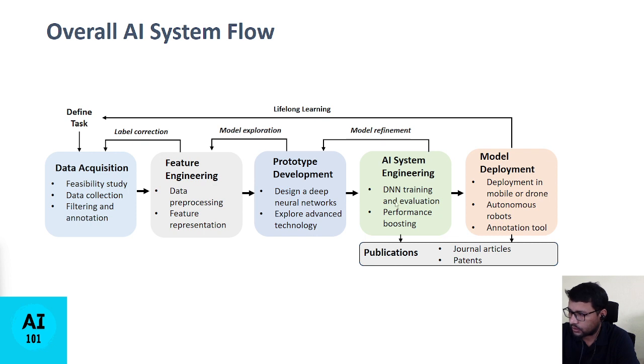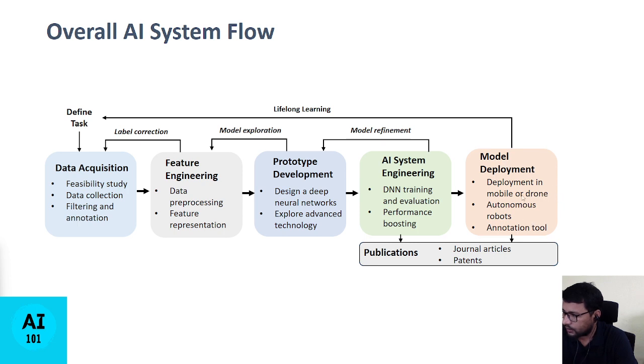And here we train our deep neural networks and evaluate them, and we try to boost the performance using different methodologies, right? This could be optimization methods or sometimes regularization methods, and after that we deploy the system if it is working properly, right?